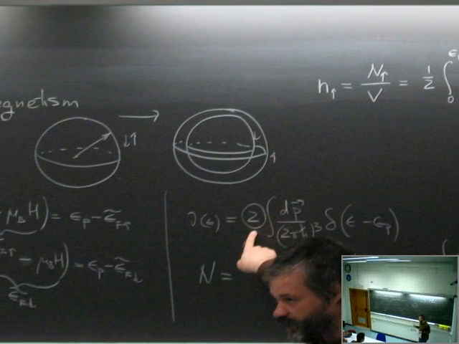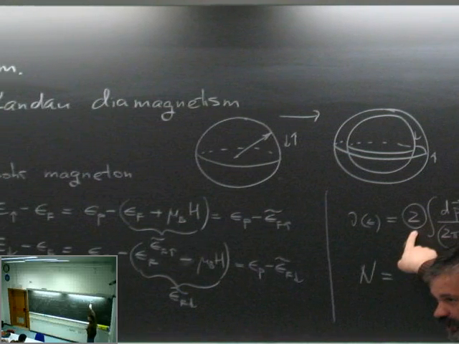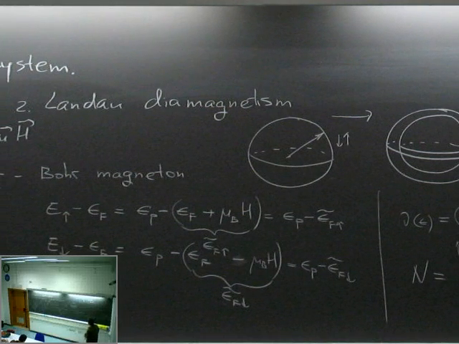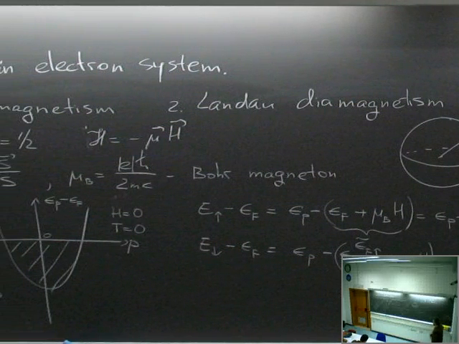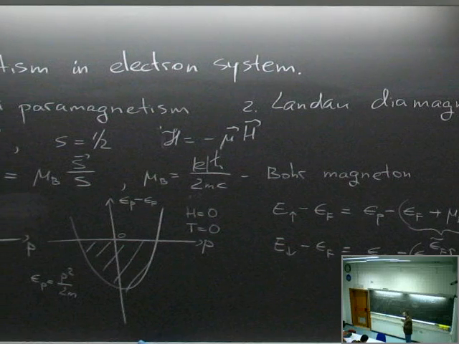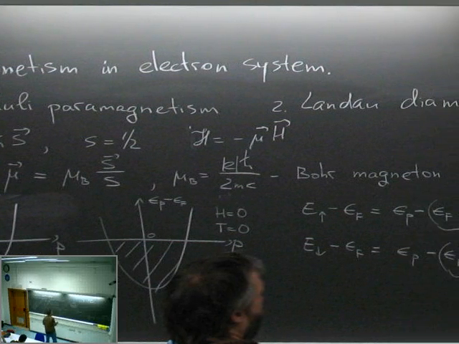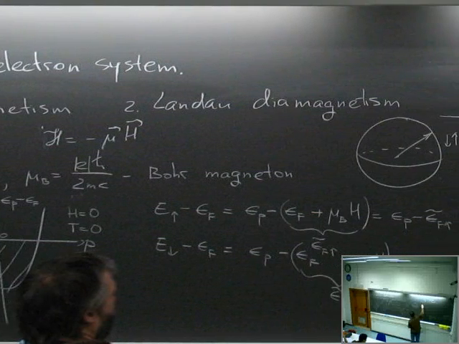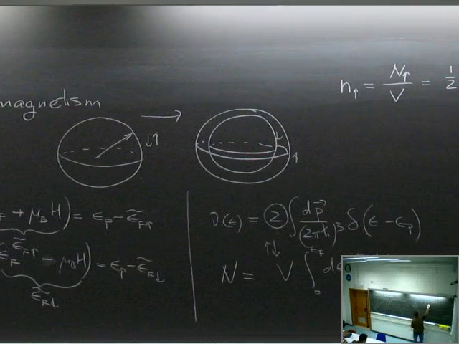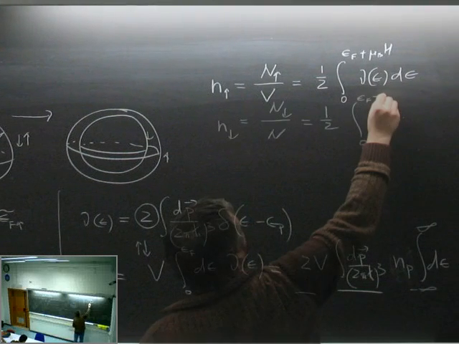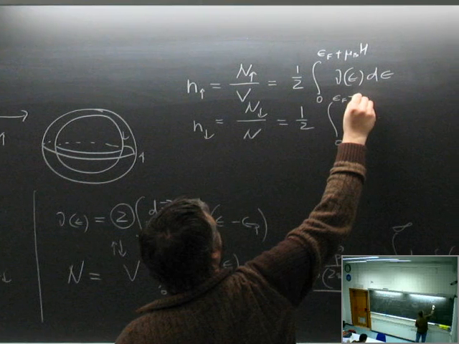Therefore, if we are interested in only one projection, we need to take only half of the density of states. But what is seen here is that I plugged in the Fermi energy shifted by the magnetic field, meaning that there are more particles with spin up than spin down. The same way, n down is 1/2 integral from 0 to Fermi energy minus mu bar H, mu of epsilon, d epsilon.